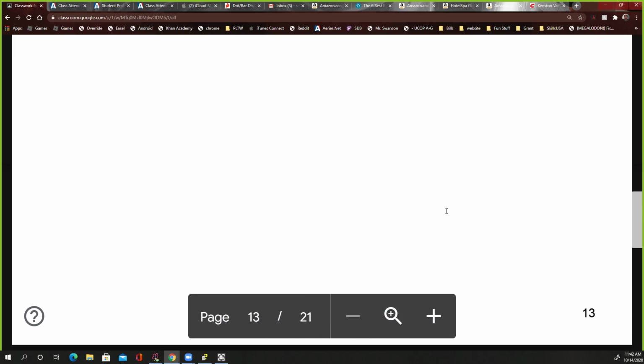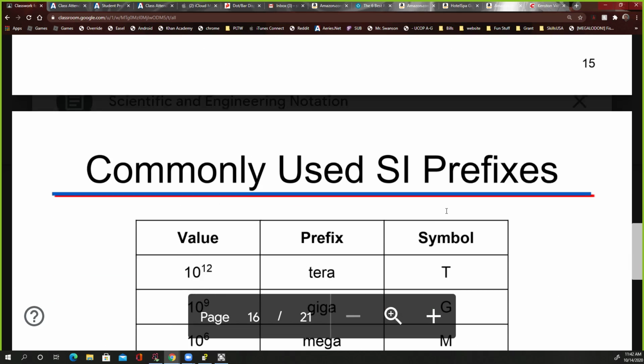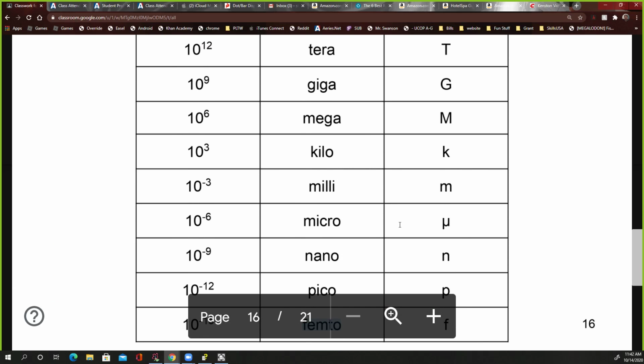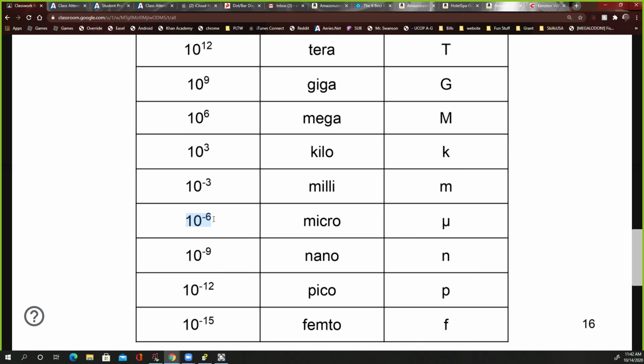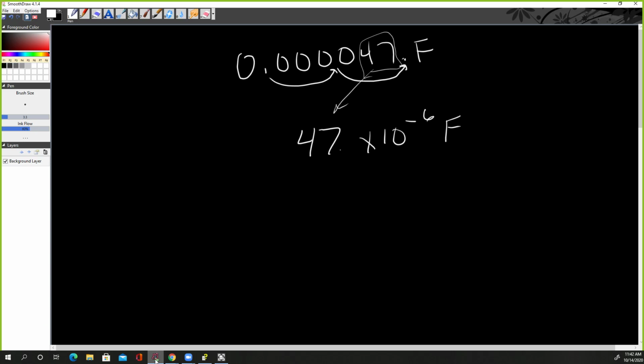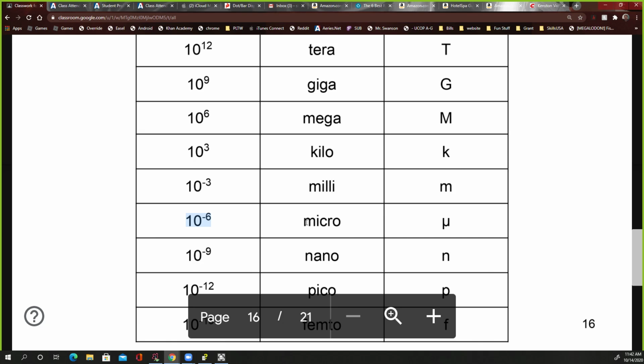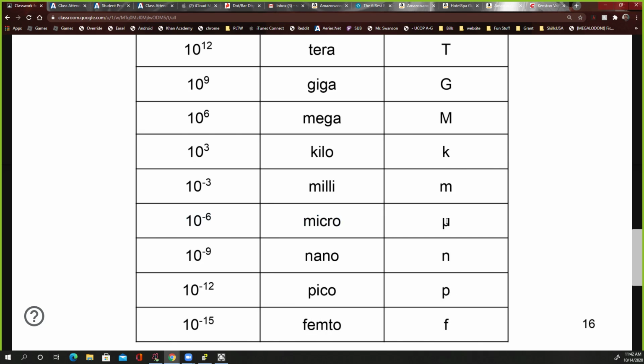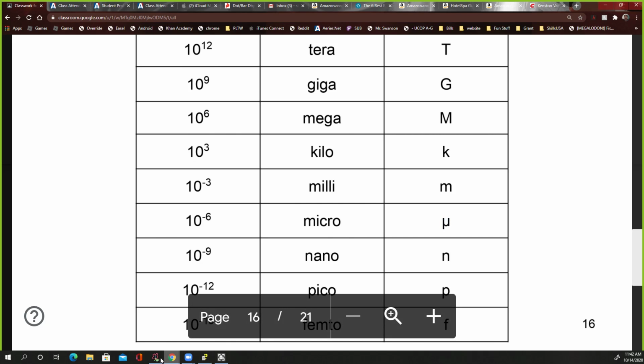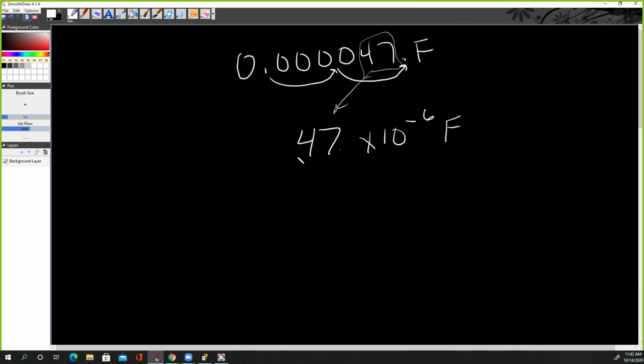There it is. And we're looking for 10 to the negative 6, right? Yep, 10 to the negative 6, and that's micro. Or you can use this symbol here, the little weird U symbol. It's a Greek symbol.